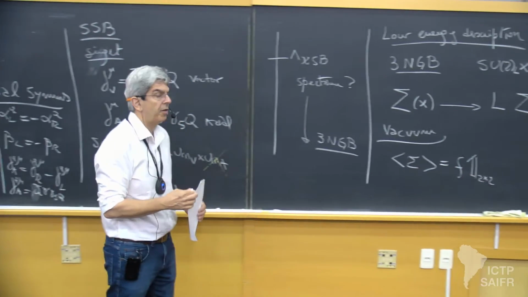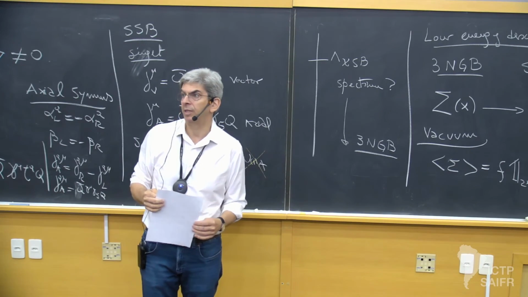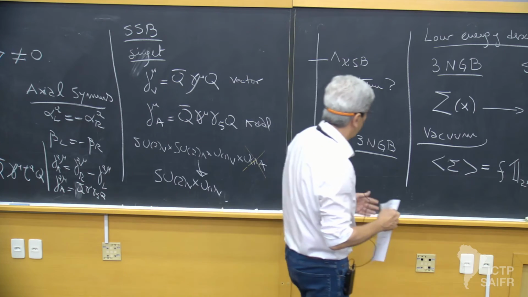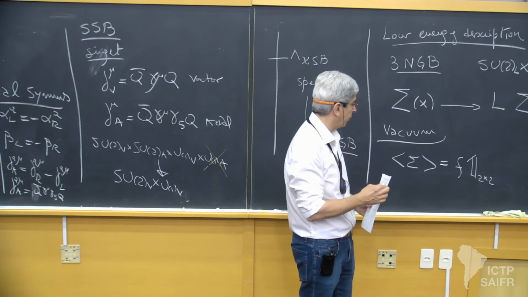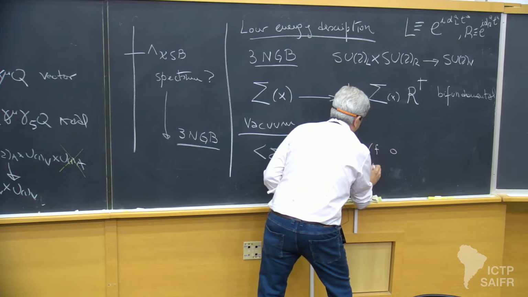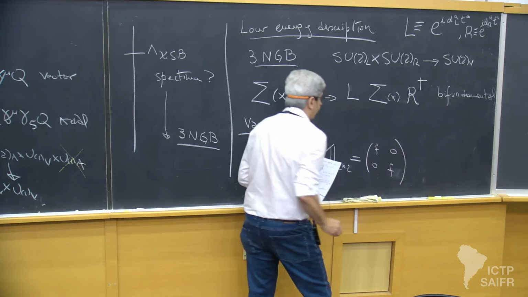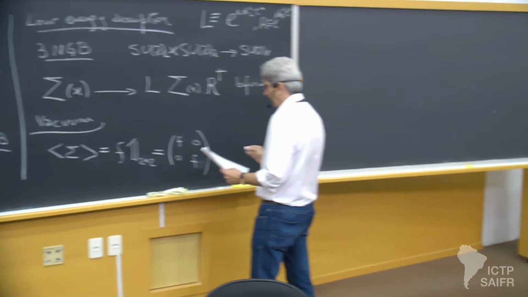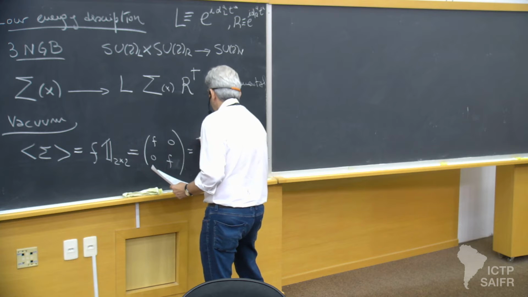Because the vacuum has to respect the vector symmetry, and the vector symmetry is not going to be affected by this vacuum choice. So the vacuum is F, 0, 0, F. Let's call it sigma 0.